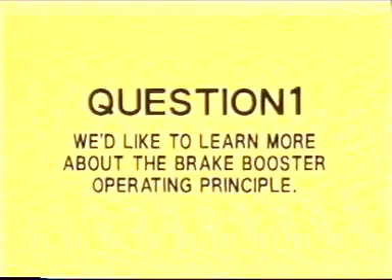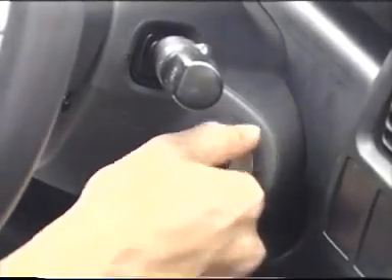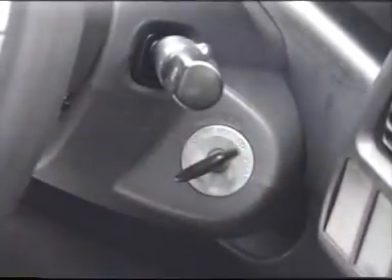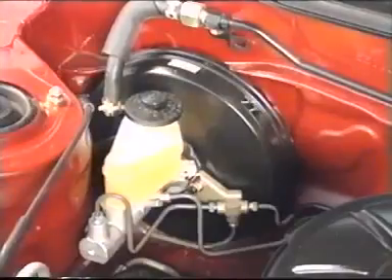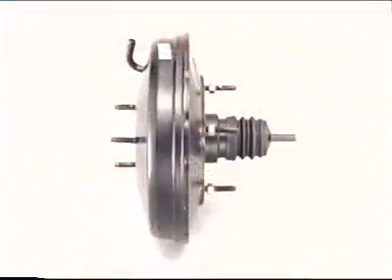We'd like to learn more about the brake booster operating principle. A vacuum is created inside the brake booster by starting the engine. When the brakes are not applied, the pressure of the constant pressure chamber and variable pressure chamber are equivalent.